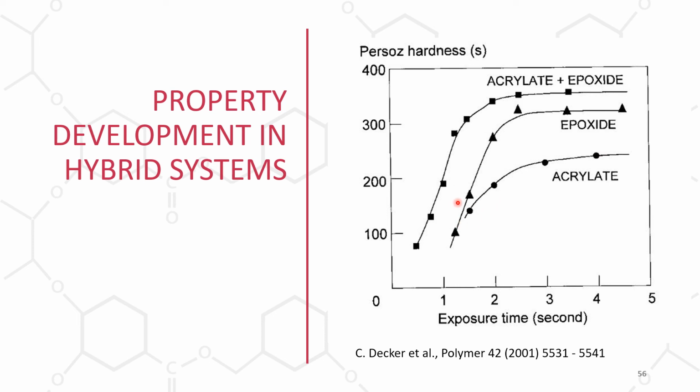Going to a cycloaliphatic system, the epoxide, much higher hardness. However, the combined system, so the acrylate plus epoxide, not only gave an increase in hardness, but it also reacted quite a bit faster. So we got an increase in reactivity and an increase in hardness in a hybrid system.